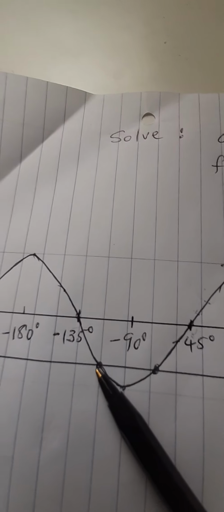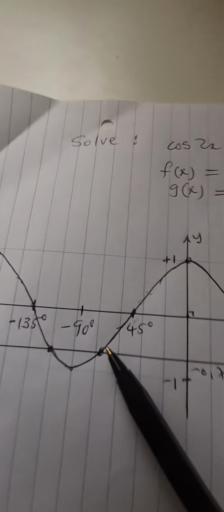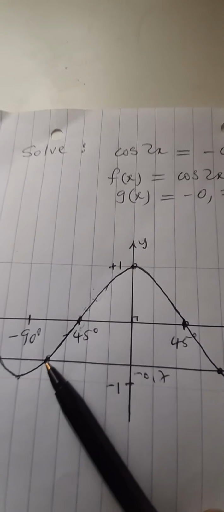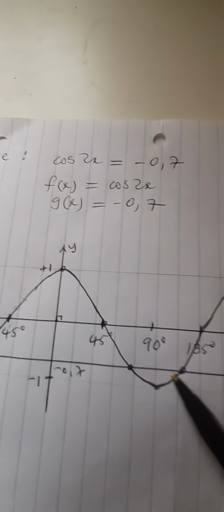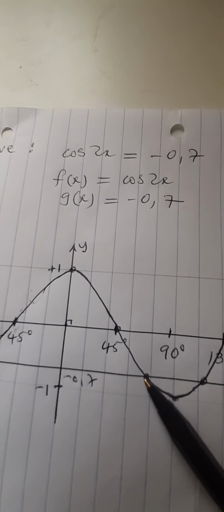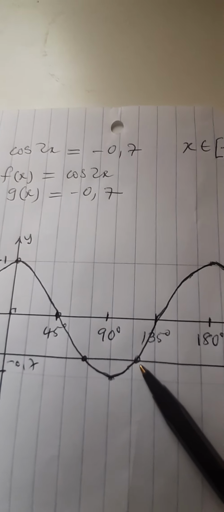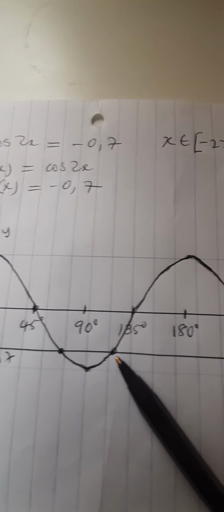Here is the point of intersection between negative 135 degrees and negative 90 degrees. Another point of intersection between negative 90 degrees and negative 45 degrees. A point of intersection between 45 degrees and 90 degrees. A point of intersection between 90 degrees and 135 degrees.